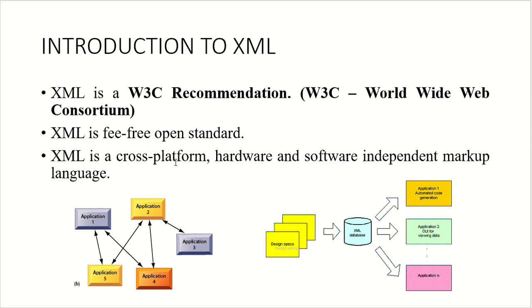Any hardware means it can be Dell hardware, it can be Acer hardware, it can be an Intel processor with a Dell laptop, or an Acer laptop, any hardware can be there. And software means any application. So I have given the example of two here.